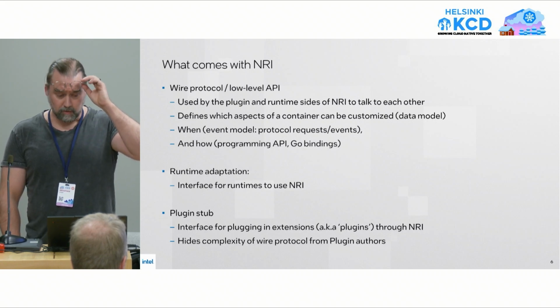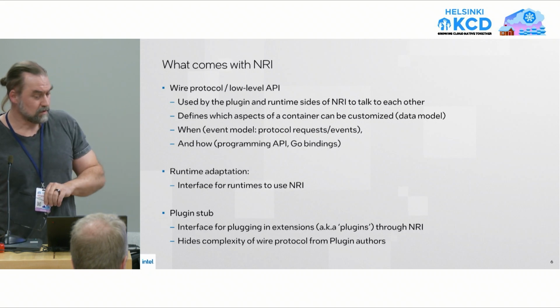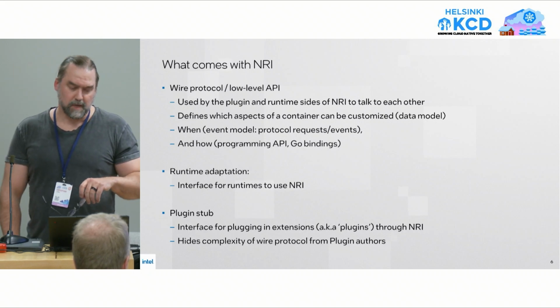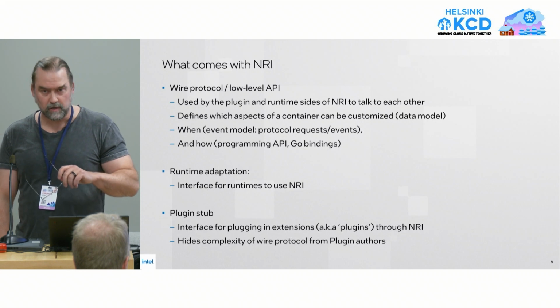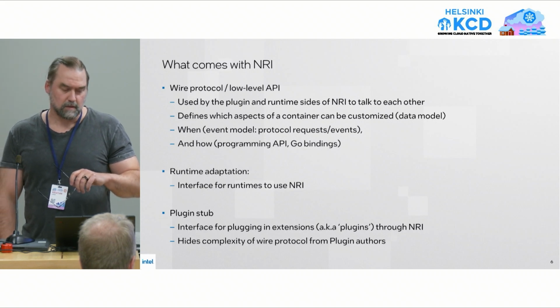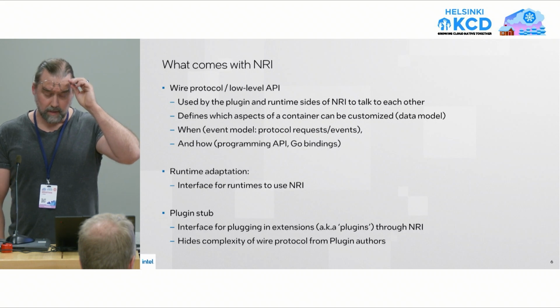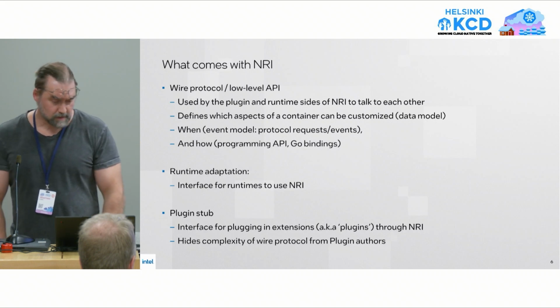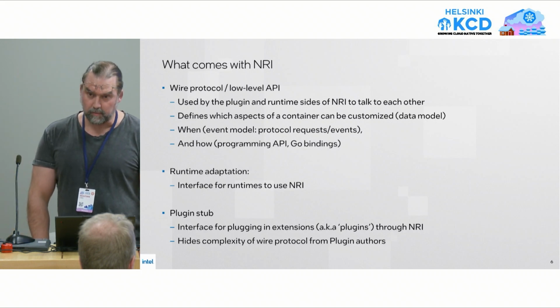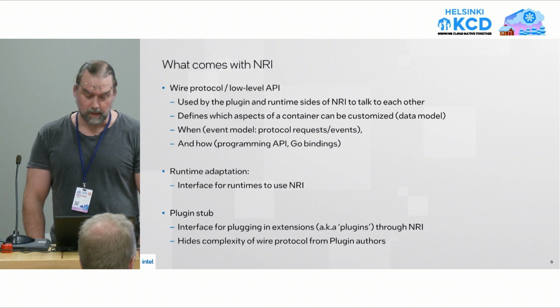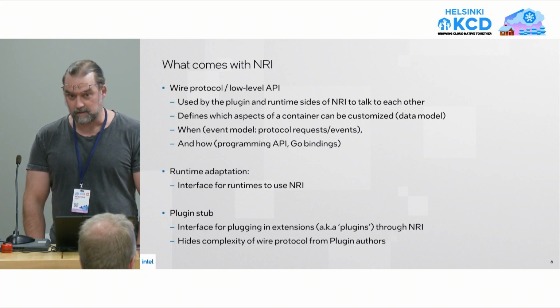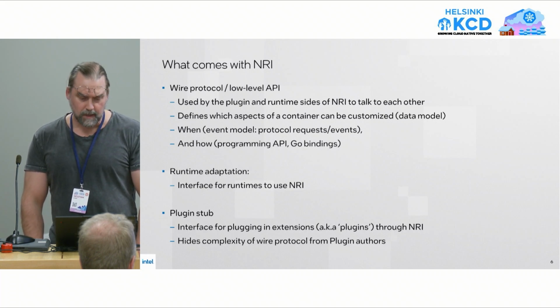What you are going to encounter is the plugin stub. In addition to that, we also have the runtime adaptation. That's basically a client for the runtime. It is what the containerd and CRI-O integration code uses to interact with NRI. And then we have the plugin stub as the third piece. That's the primary integration point for plugging extra logic into the runtime.